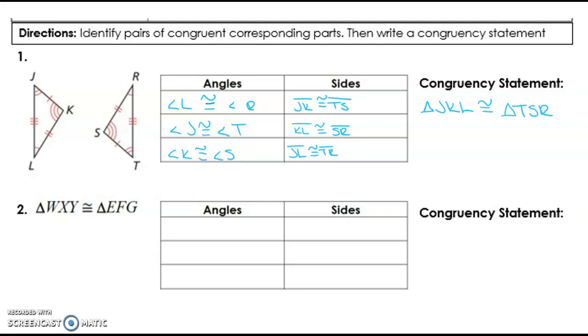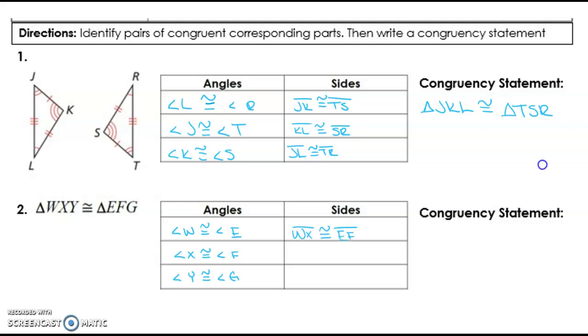All right, so let's see a second one. In this one, we can just match up based off of the way they're written in the notation. For example, angles, we know that angle W is congruent to angle E. Likewise, angle X is congruent to angle F, and angle Y is congruent to angle G. I just matched up these angles given their placement in each triangle.